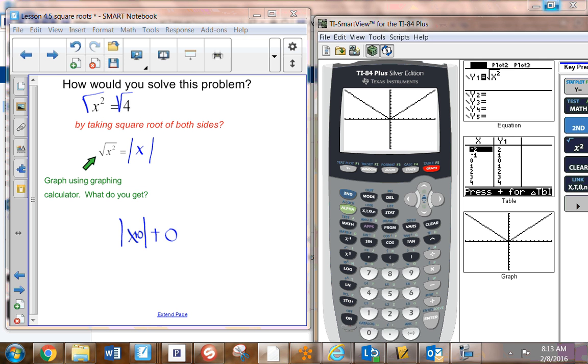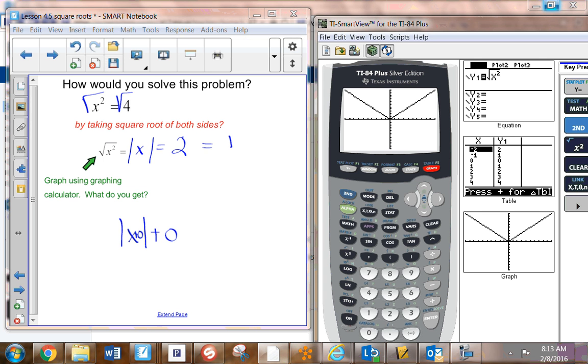And the answer to the square root of 4 is 2. But if the absolute value of x is 2, then what two things can x be? It can be 2 or negative 2.